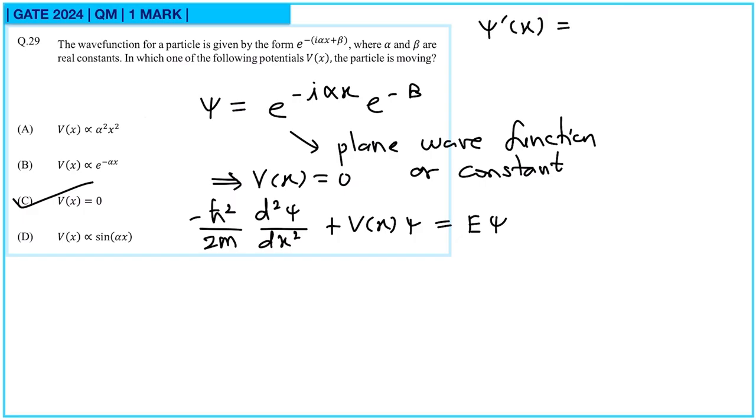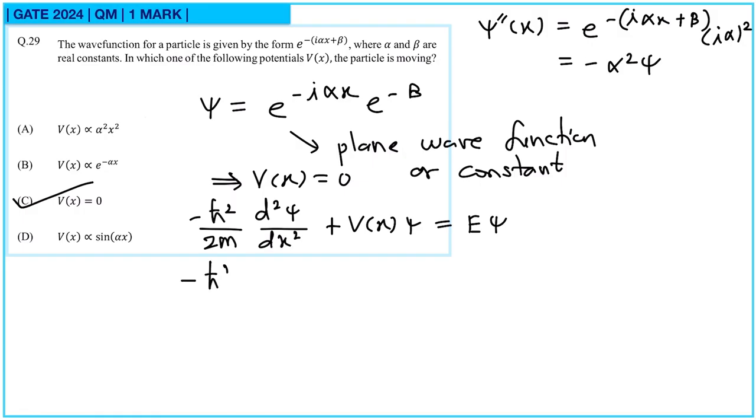It will be equal to e raised to minus i alpha x plus beta into i alpha. So the double derivative will be into minus i alpha square, which is equal to, since i square is minus 1, minus alpha square psi.